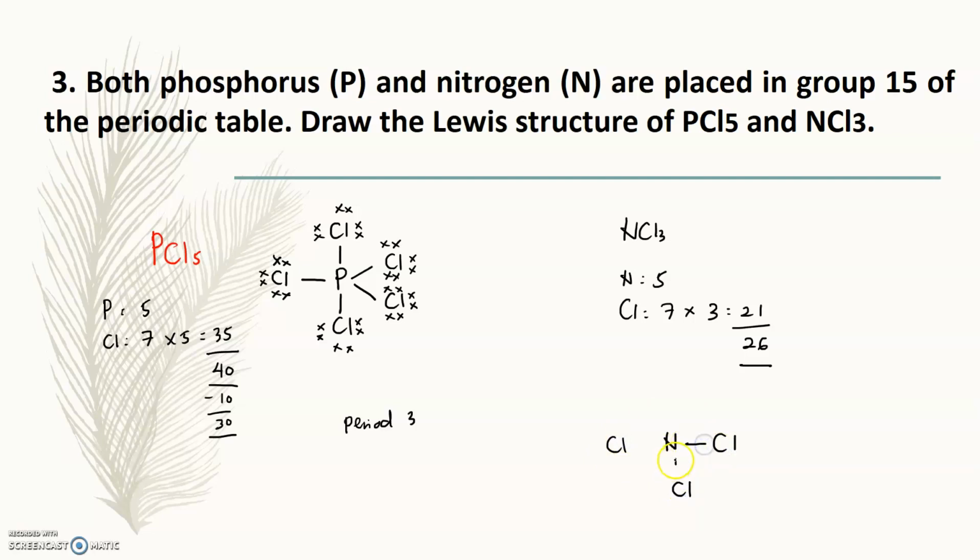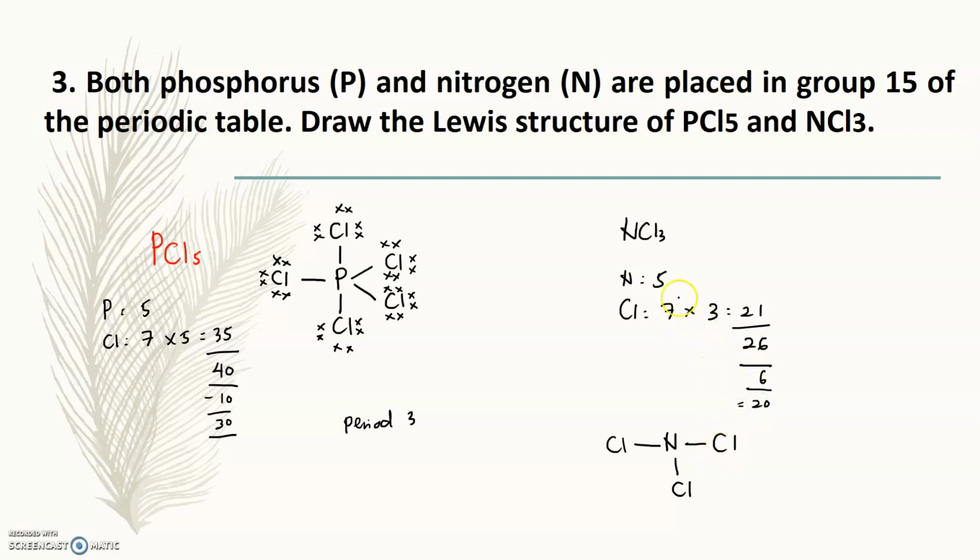Make the bonding, so 2, 4, 6 here. 26 minus 6, left 20 for non-bonding electrons.